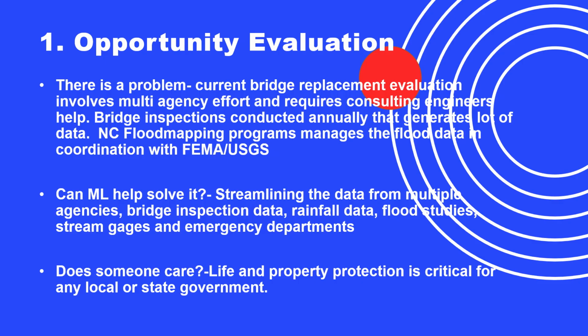Of course, streamlining the data from multiple agencies: the data from bridge inspection from NCDOT, rainfall data from USGS, and flood studies from FEMA, NCFMP, and other emergency departments and USGS stream gauges can help evaluate and use the data. Does someone care? Yes, life and property protection is critical for local governments.